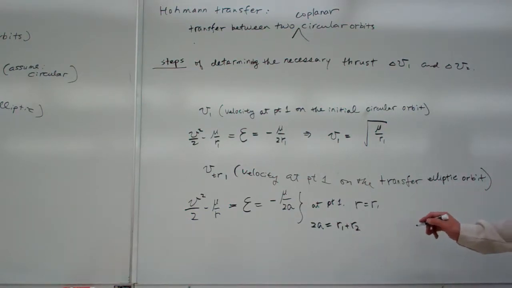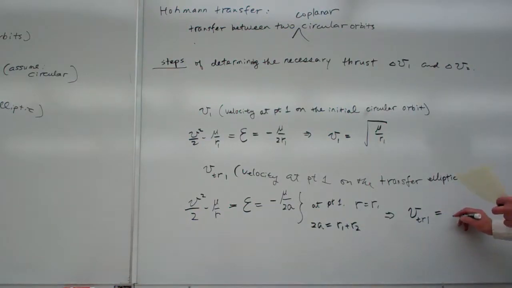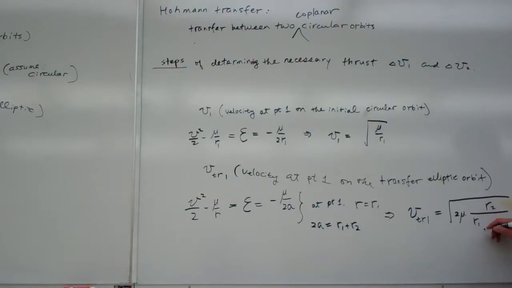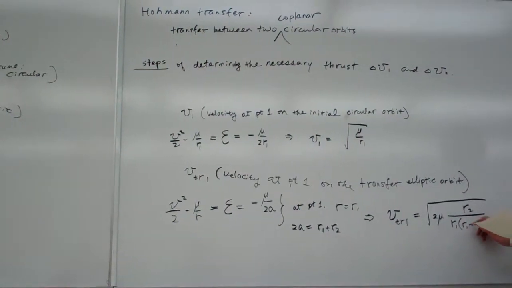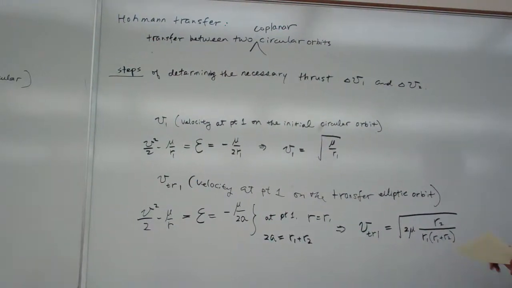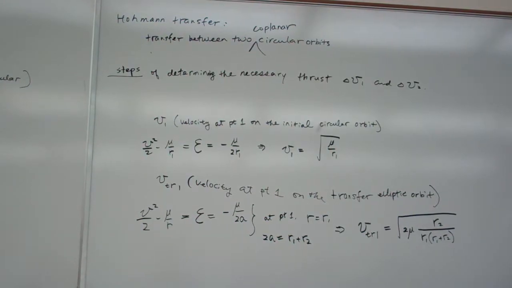Right, so we plug in that information, and therefore we can obtain V on the transfer orbit at point 1. I directly calculated the whole thing, which involves R2, R1 plus R2.